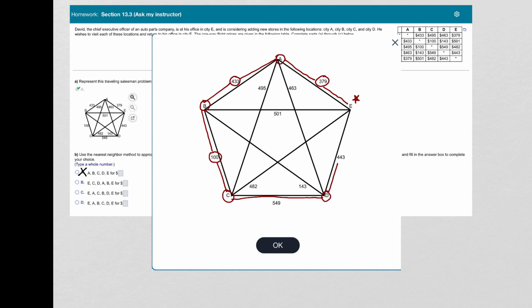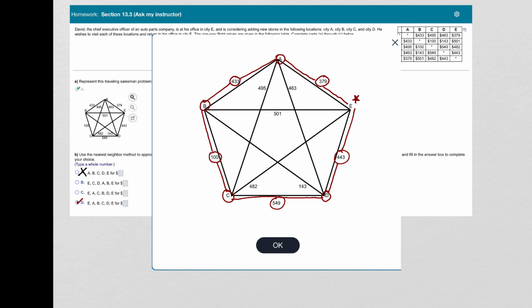And then I have to go to City E. So we found the route. It's going to be to go from E to A to B to C to D and back to E. So that's this choice D.